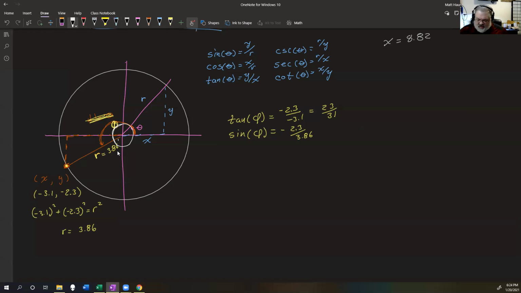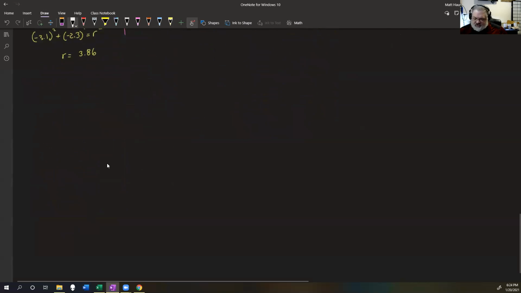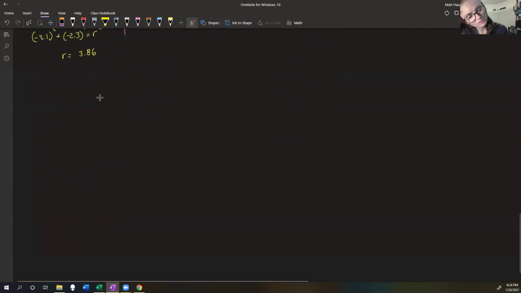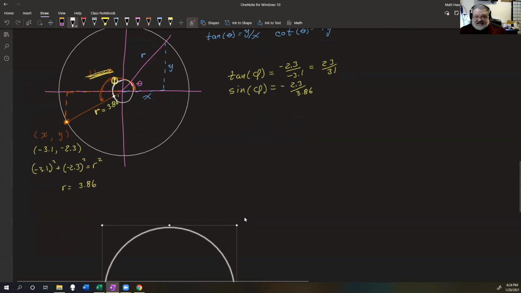I could always draw that circle of radius 1. And that circle of radius 1 is also going to have a point on it, and we could define our trig functions based on that point on that circle. But wouldn't that point be the same as the point on the bigger circle? It wouldn't be the same, but it would be the same in ratio.